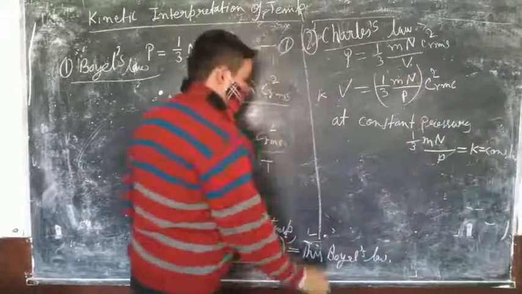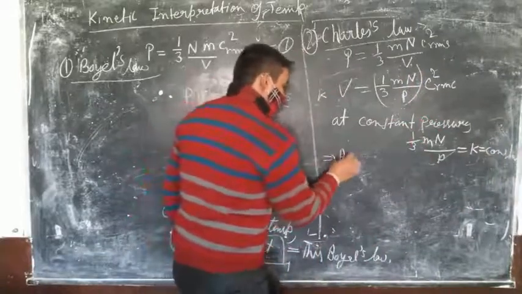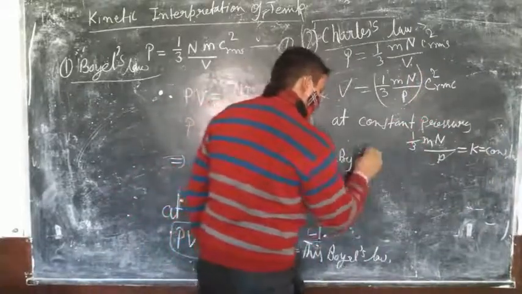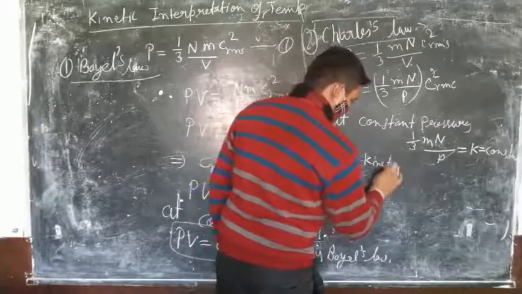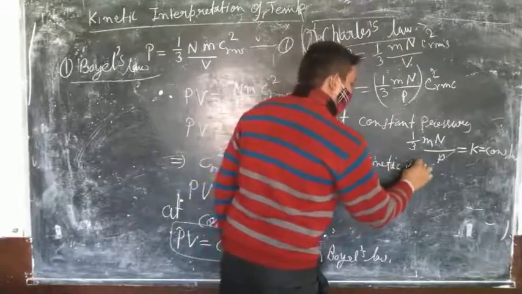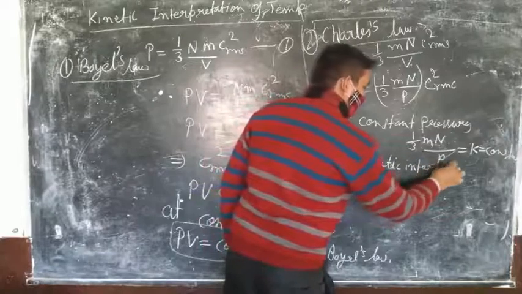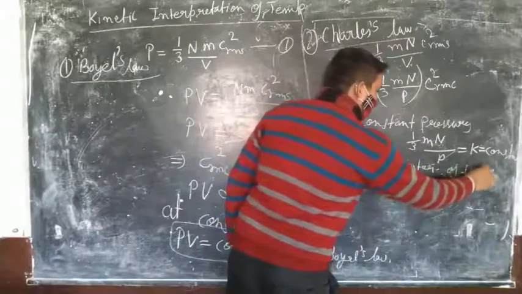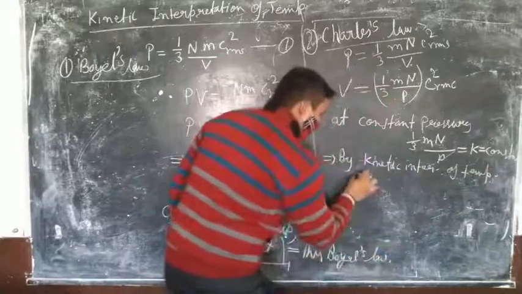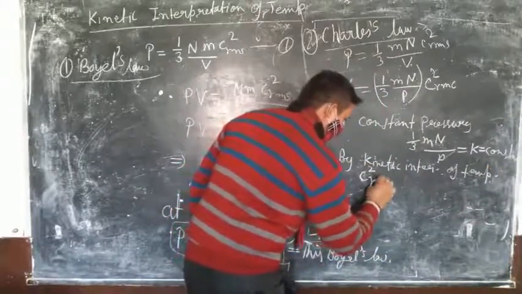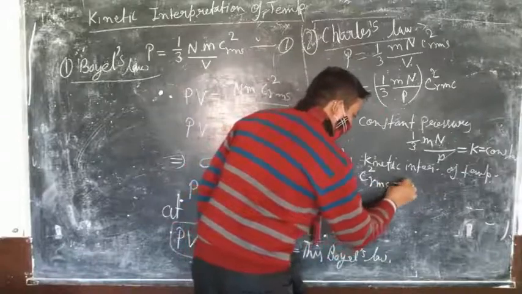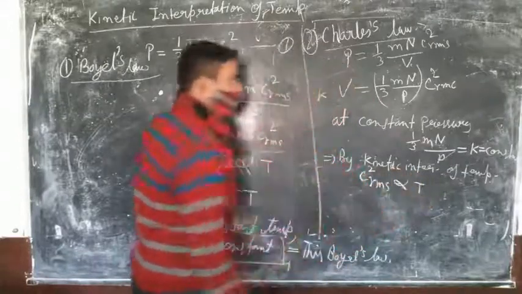Now by the kinetic interpretation of temperature, we get that the square of the average velocity of molecules is directly proportional to temperature.